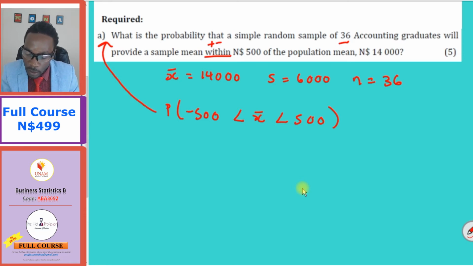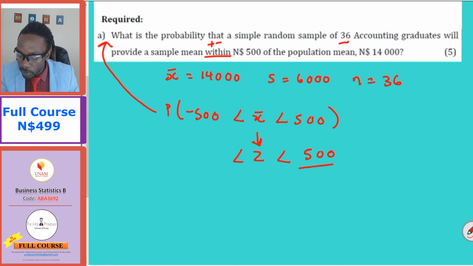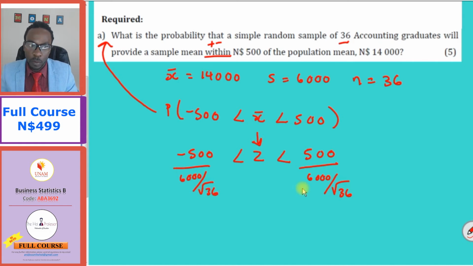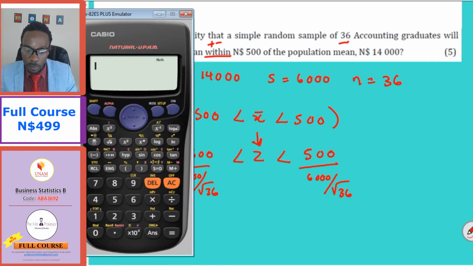Alright, so the next stage is to change this into Z. To do that, we standardize. We take the 500 and divide it by the standard error. Our standard error is standard deviation divided by root of n. We do the same thing here. From there, we can use our calculator to simplify.